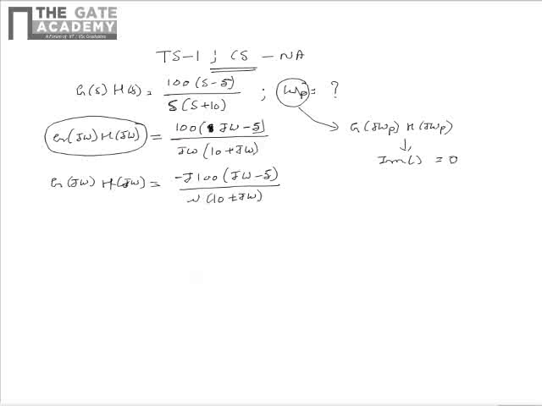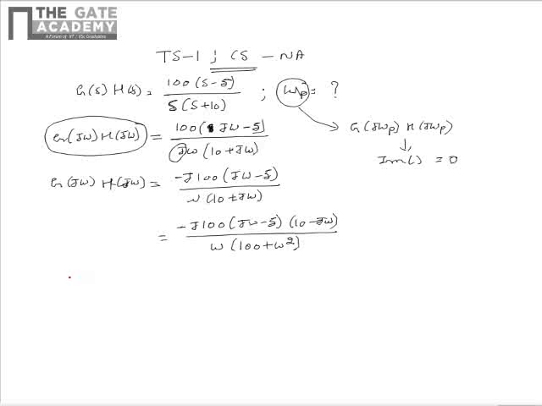So here we rationalized only with j. Upon considering the next term, 10 + jω, for rationalizing, we see that G(jω)H(jω) is equal to -j × 100(jω - 5)(10 - jω) / (ω(100 + ω²)).